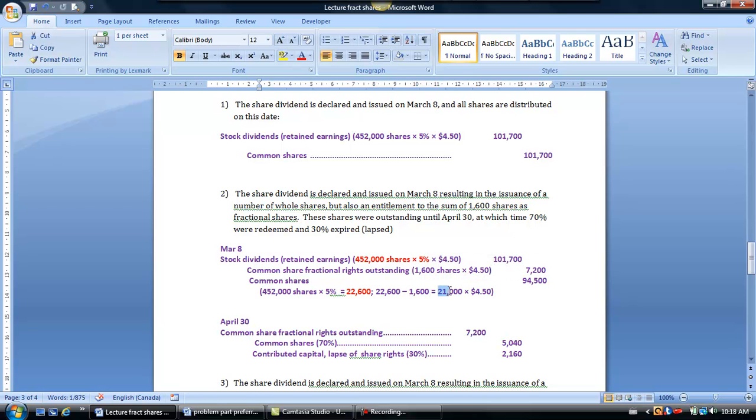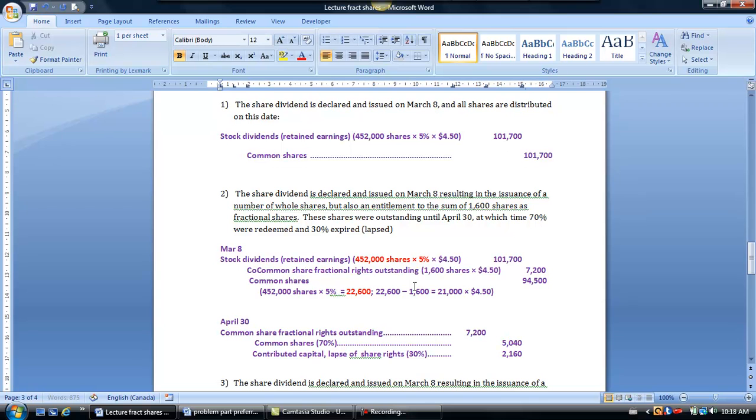So we're going to get 21,000 full shares being issued at $4.50 a share, which would give you 94,500. So those fractional shares that total 1,600 shares, we're going to set up as contributed capital from fractional share rights. So this is your contributed capital account.